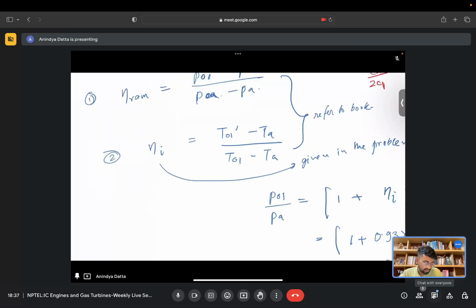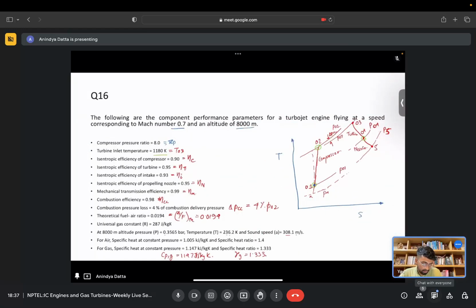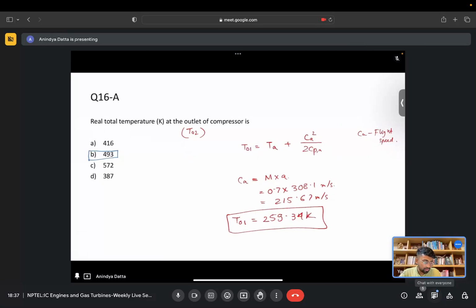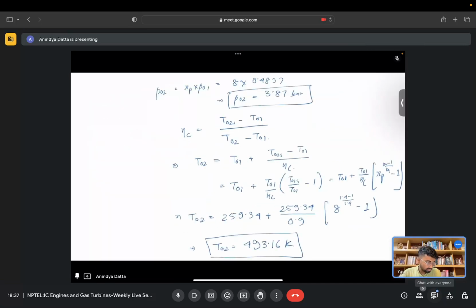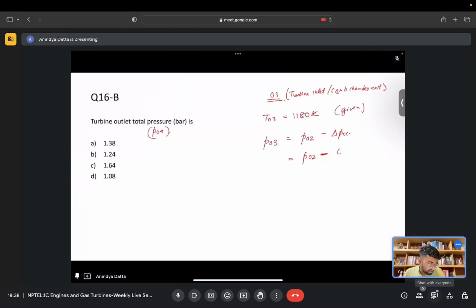Let's go back once. So combustion pressure loss is 4% of combustion delivery pressure, which is 4% of P02. So this is 0.04 times P02, which is like 0.96 of P02.